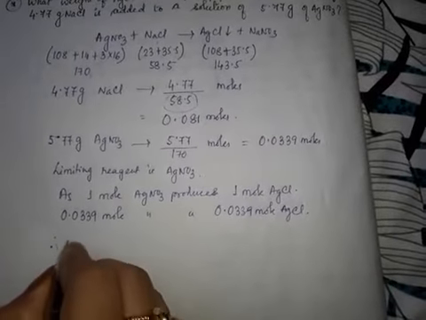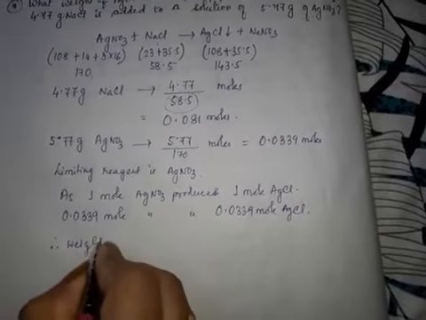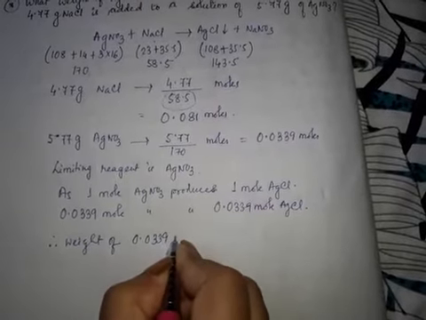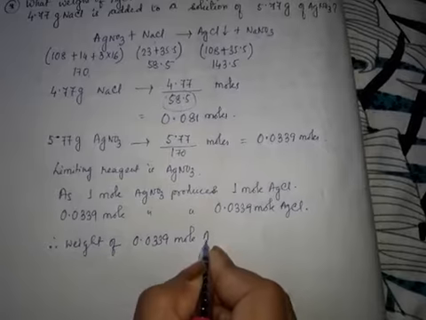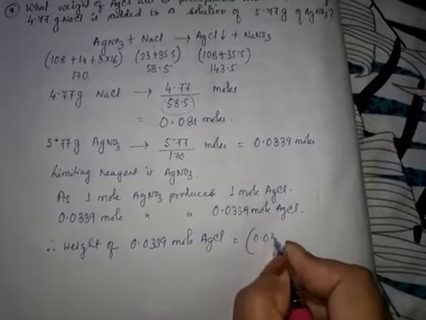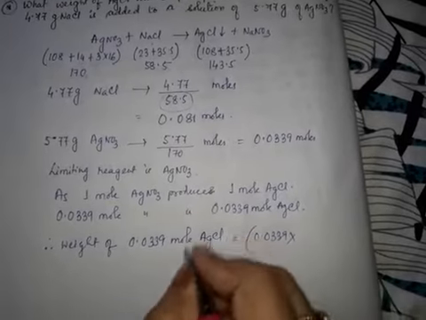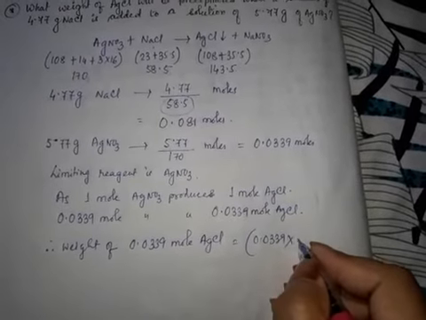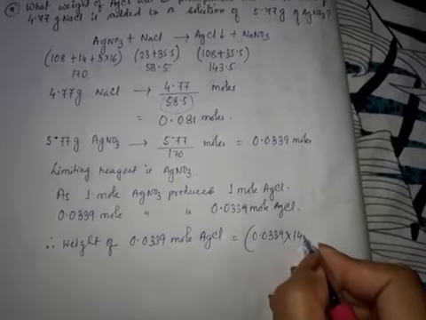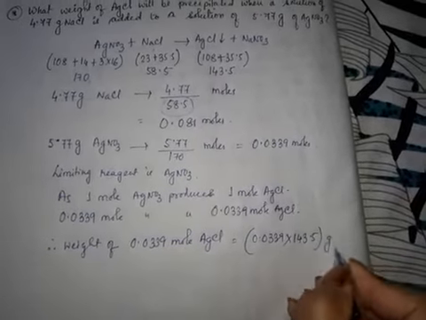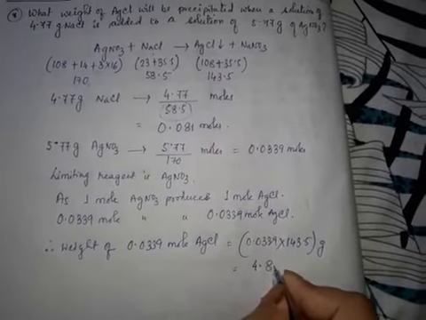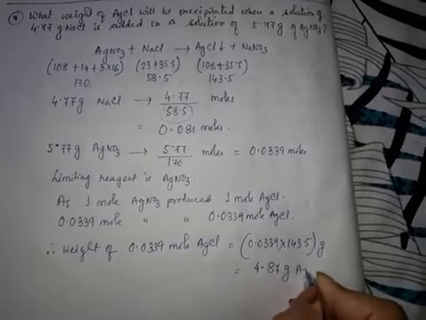So the weight of 0.0339 mole of AgCl is equal to 0.0339 into the molar mass of AgCl. What is that? 143.5 gram. So this is equal to 4.87 gram of AgCl.